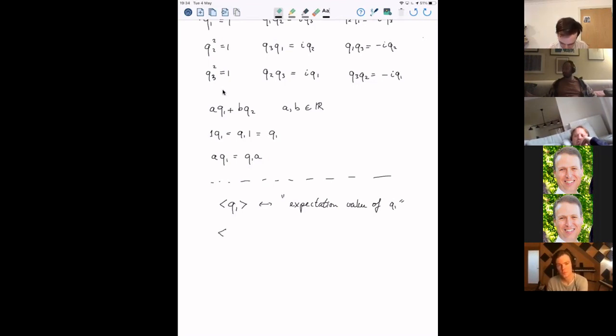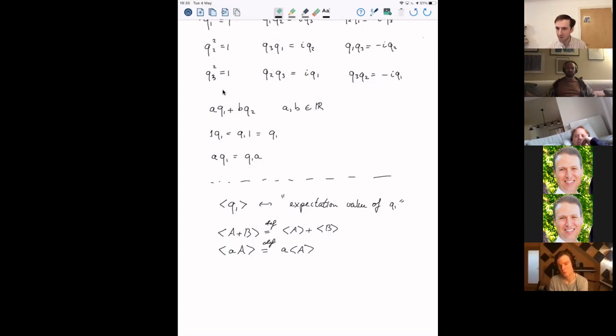Specifically, if you have the expectation value of some Q numbers A and B, then this is equivalent per definition to the expectation value of A plus the expectation value of B. And if you multiply some real number small a times capital A, then the expectation value of this is simply small a times the expectation value of capital A, where again, capital A and B are Q numbers.